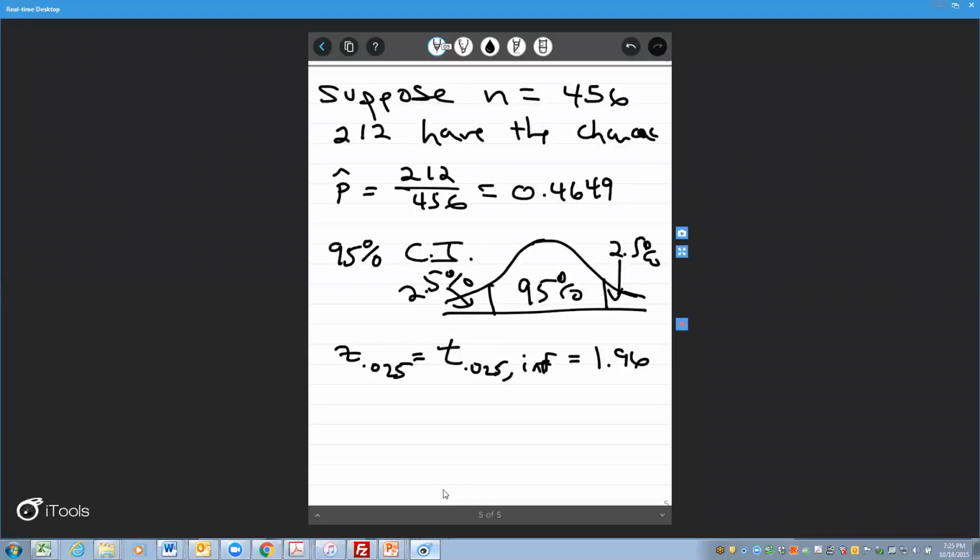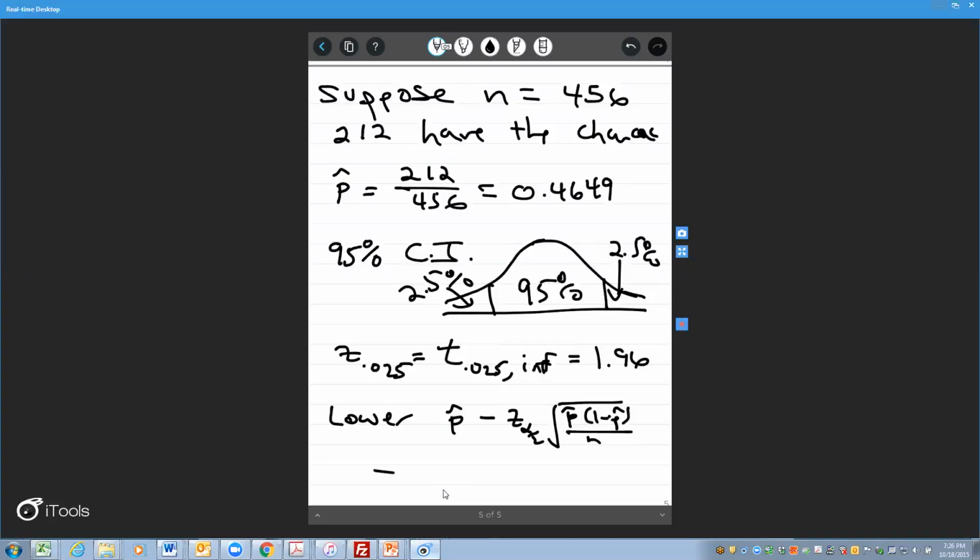To do a confidence interval, I've got a lower bound of p hat minus z sub alpha over 2 times the square root of p hat times 1 minus p hat over n.